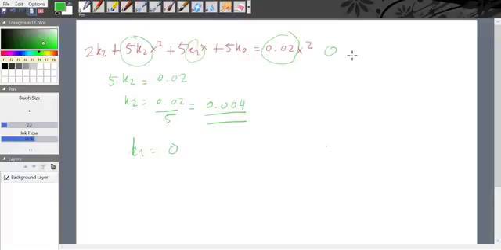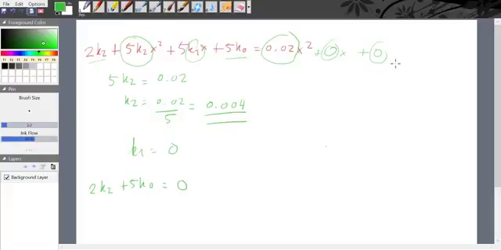Since we don't have any extra coefficients over here, the total of 2k2 plus 5k0 must equal 0 to make it balance, because you only have coefficients of x squared.